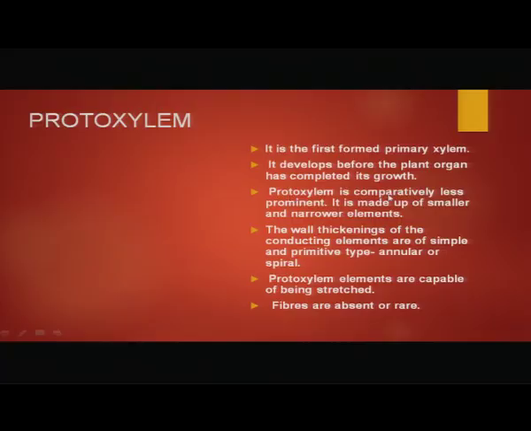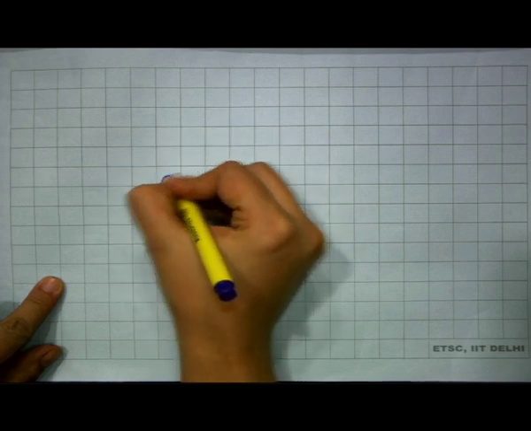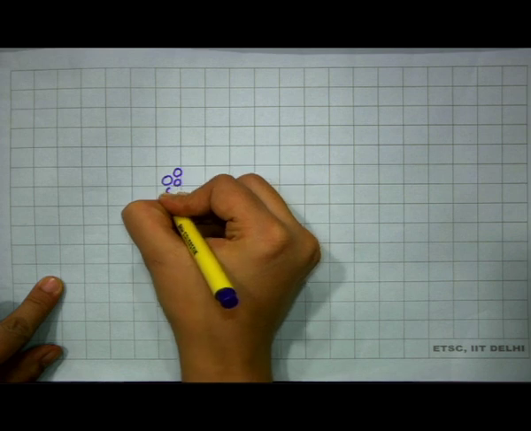So, the protoxylem is comparatively less prominent. It is made up of smaller and narrower elements. What does that mean? When we see these protoxylem elements in a transverse section, we see that the cavities made by protoxylem elements are comparatively smaller.